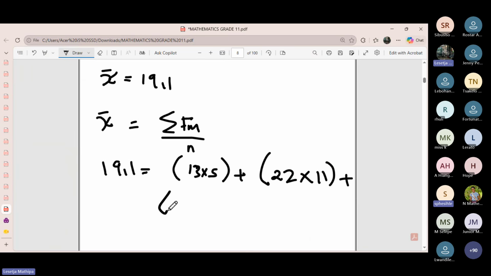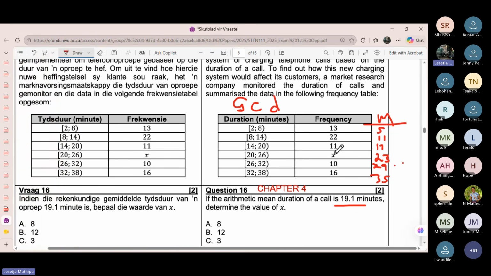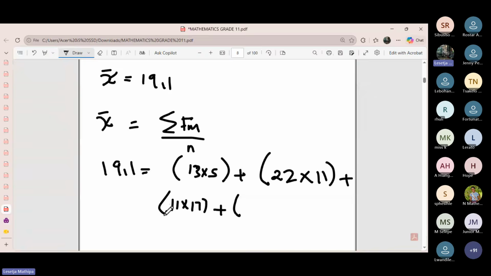Then remember we multiply the frequency by the midpoint, so the next is x multiplied by 23, which is 23x.